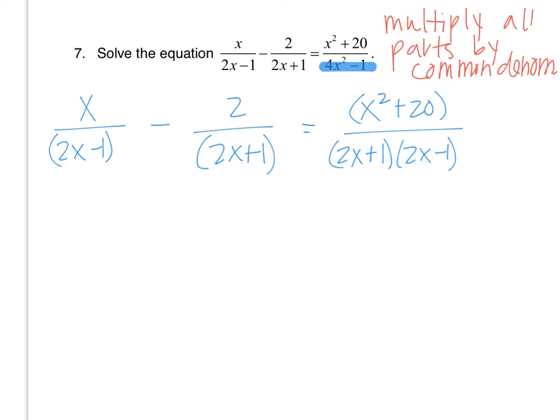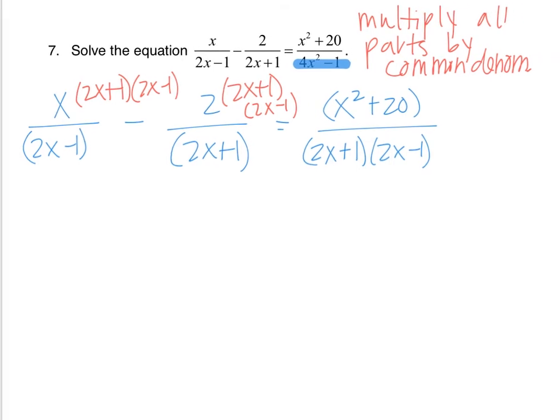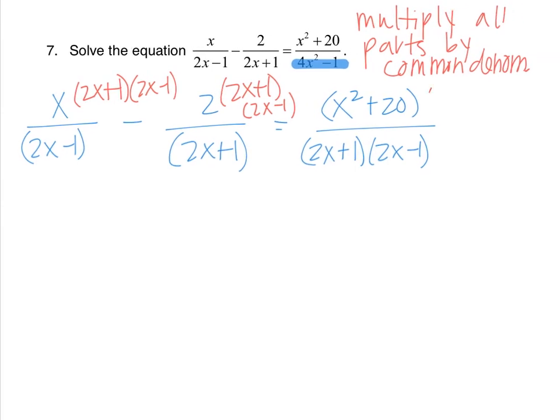So this one I'm going to multiply by (2x plus 1)(2x minus 1). This one I'm going to multiply by (2x plus 1)(2x minus 1). I'm just trying to squish it all together there. And the one on the end I'm going to multiply by (2x plus 1)(2x minus 1).